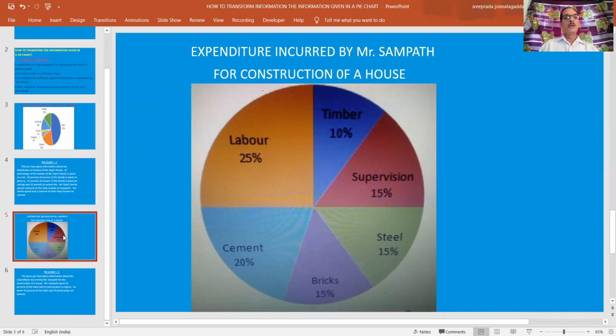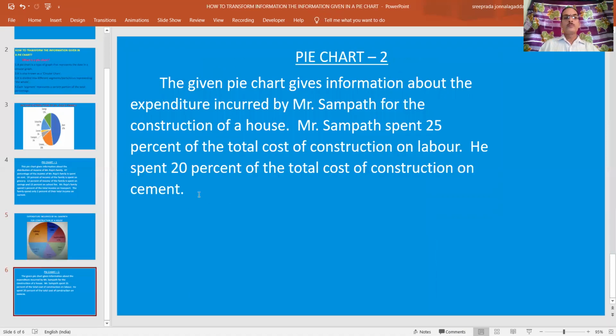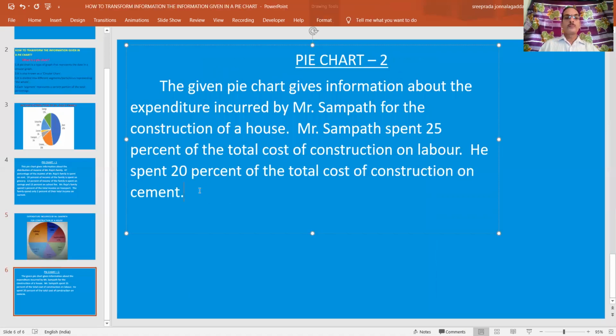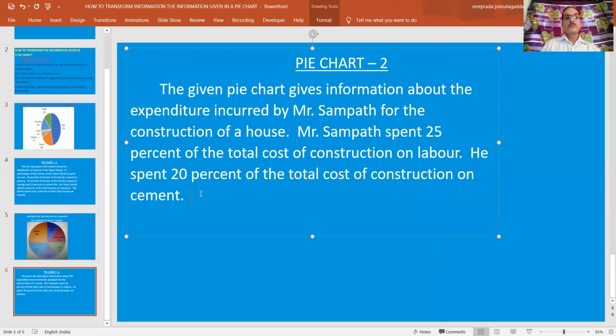So he spent 15%, you can write like this also, 15% of the total cost of construction is, actually this is in passive voice, the previous sentences are in active voice, like that also you can write.